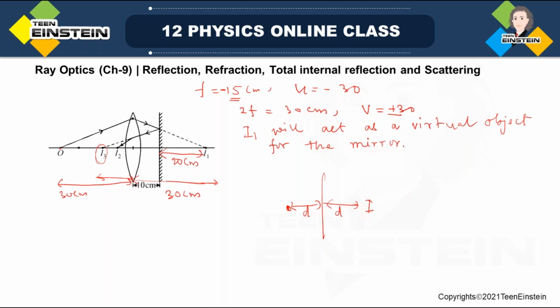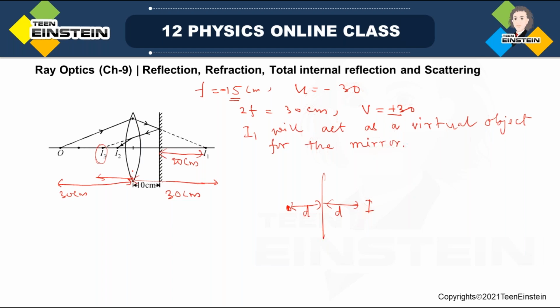See what happens initially. The ray will go from the object to the lens. It gets refracted, and it would have formed an image here at I1, which is 20 centimeter from the mirror and 30 centimeter from the lens. Since this mirror is here, this refracted ray coming out from the lens will get reflected, and it would have formed an image at I3, which is at a distance 20 centimeter from the mirror.